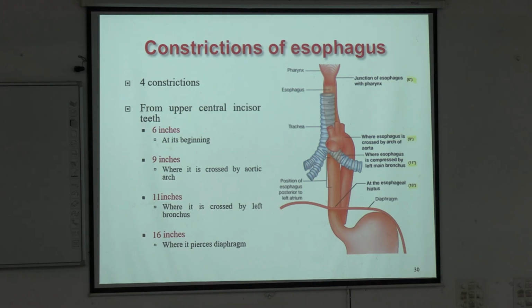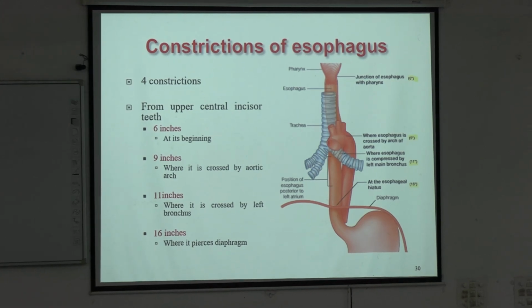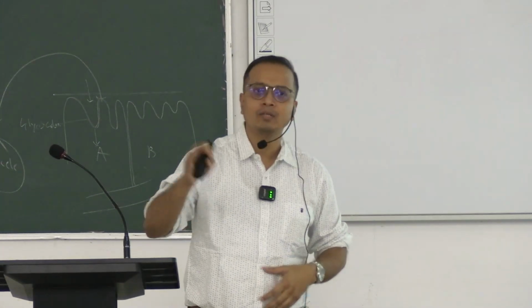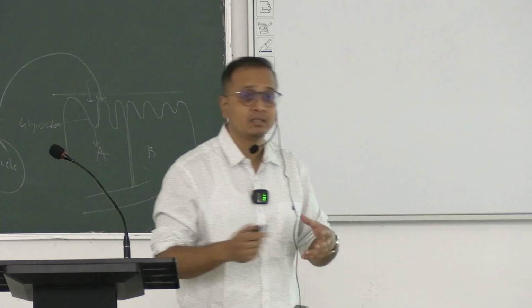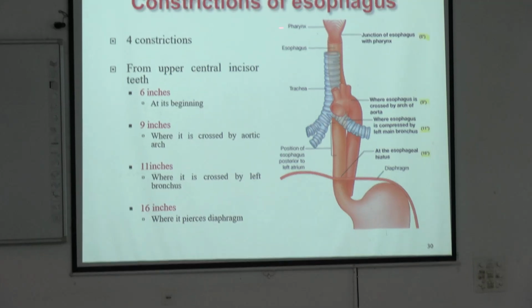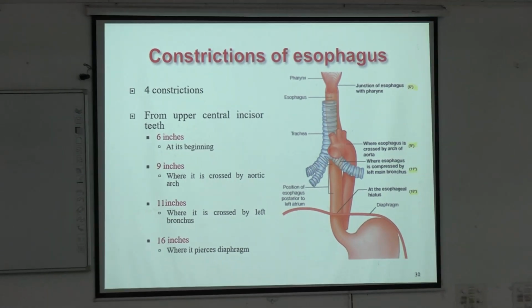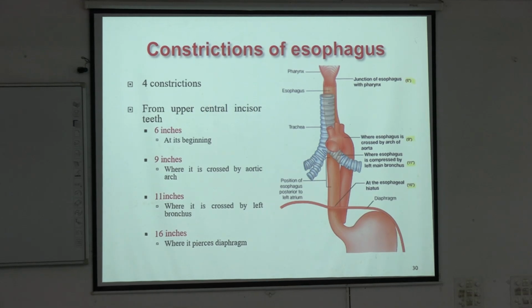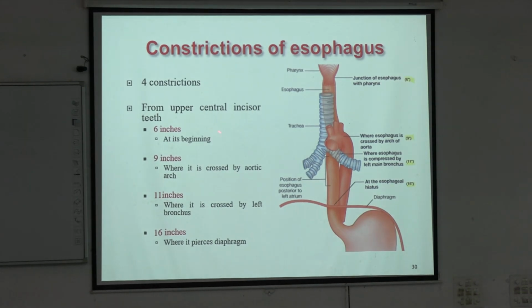This is why we ask about the narrow spots of the esophagus and how these narrow spaces are determined. The exact length from the teeth is measured as 6 inches, 9 inches, 11, 16 inches. You do not have to remember these inches. You have to know where it is narrowed: 1, 2, 3, 4.